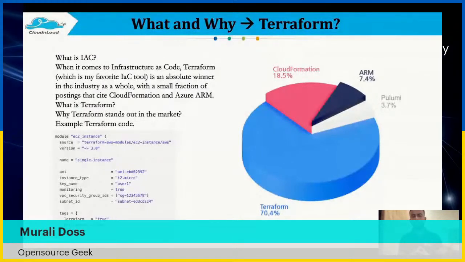You can use AWS, Azure, and GCP, Google Cloud, in parallel. You can use any cloud service provider that you can think of using Terraform. That is the coolest thing in Terraform. It has so many features that make it stand out when compared to other IaC tools.